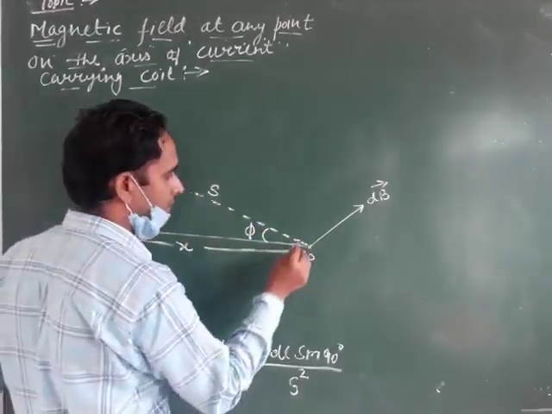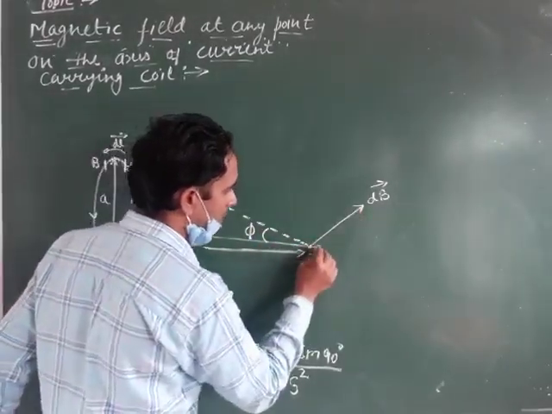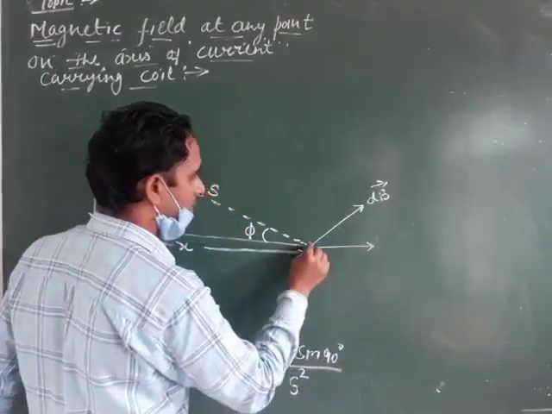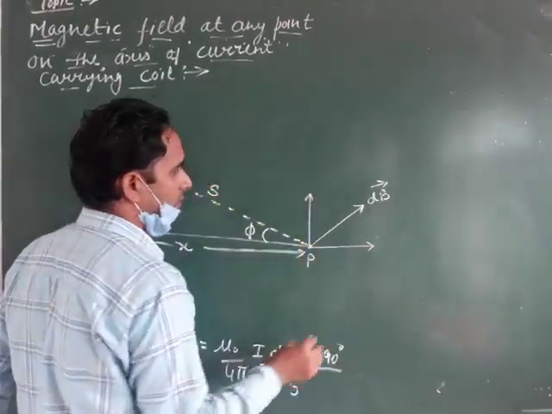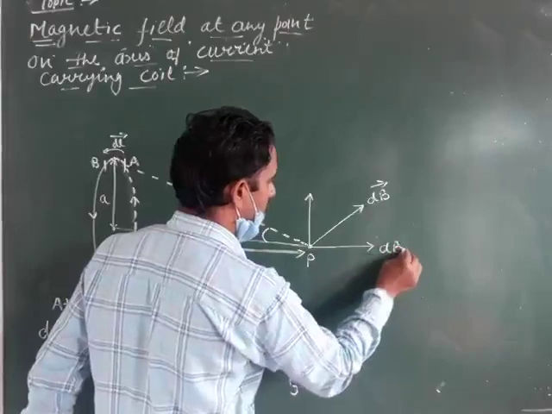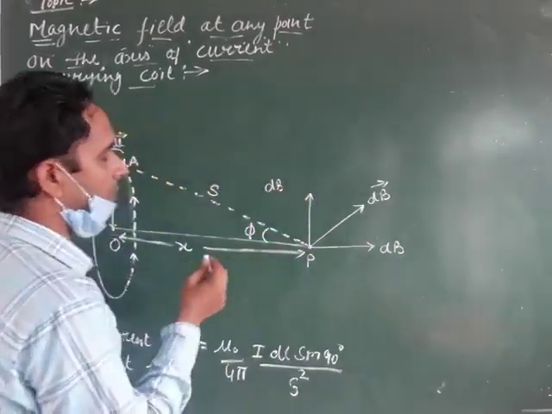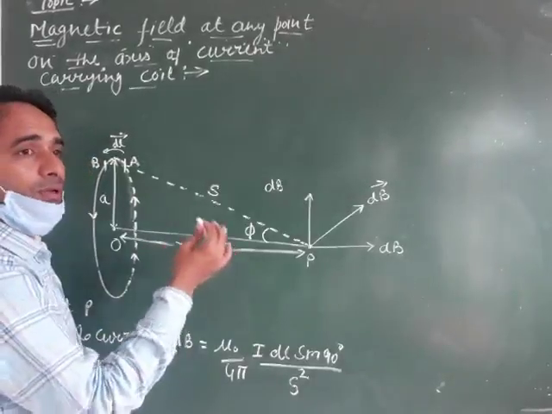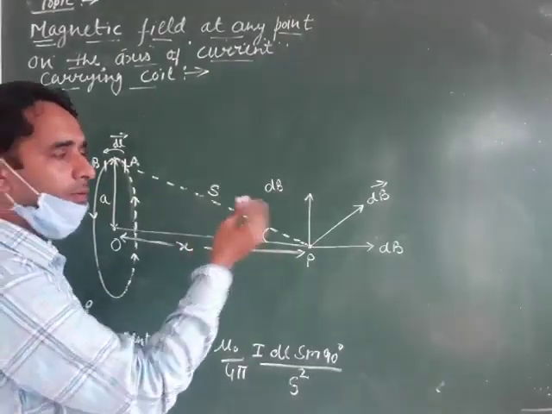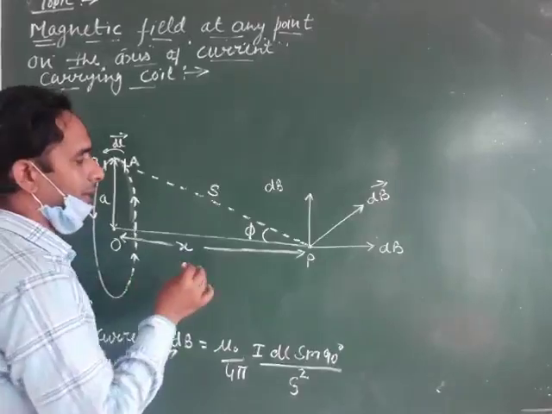Now dB is divided into how many components? One is this and one is this. Okay, meaning this is dB and this is also dB. Now how do we find out which component of the magnetic field is horizontal and which component is vertical?